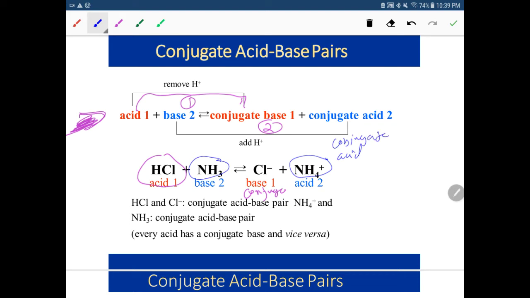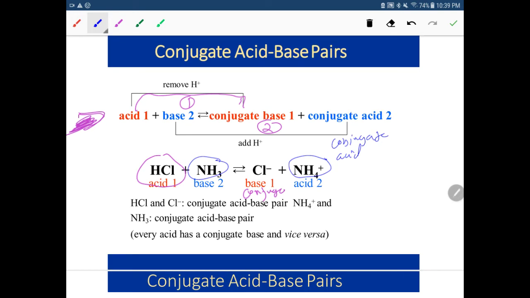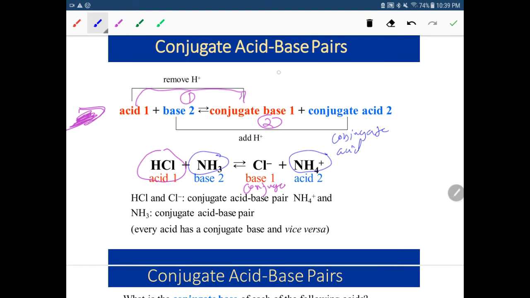Okay, so I'll give you one more example, but it's really easy once you identify the acid and base in the reactant side, because you could look at the products and easily identify the conjugate acid and base. So let's say H2SO4 plus H2O.